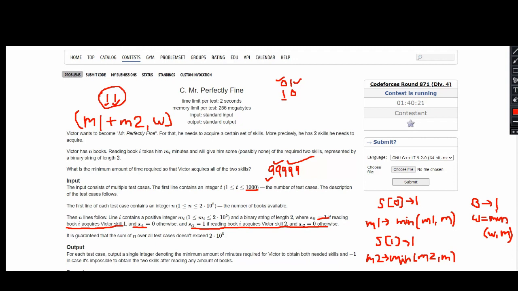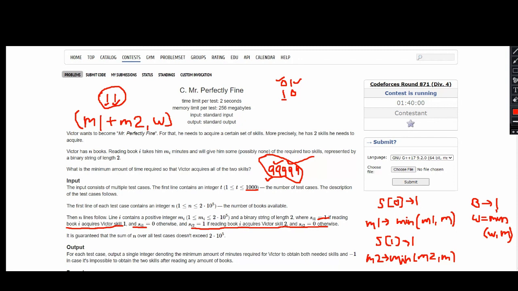Now suppose the values of M1 and M2 have not changed and are equal to the initial value only, then we can directly return -1.